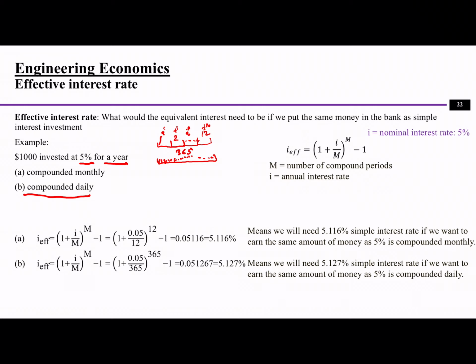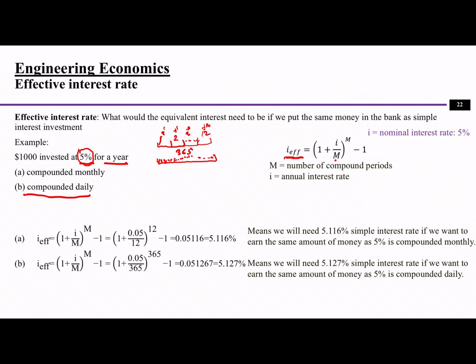How do we find out the effective interest rate if we know the nominal interest rate? Here when I say 5% for a year, it's a nominal interest rate. In this equation, the effective interest rate equals 1 plus the nominal interest rate divided by the number of compound periods, all raised to the number of periods, minus 1.